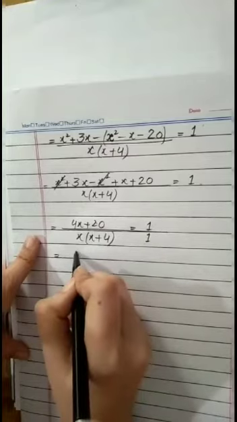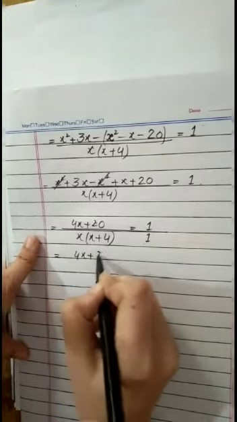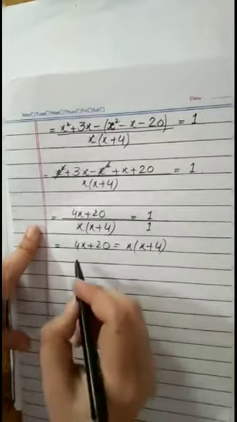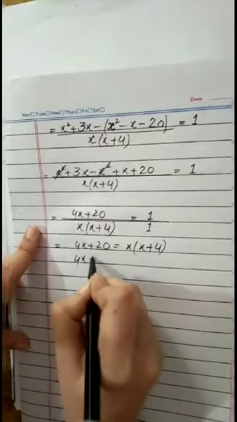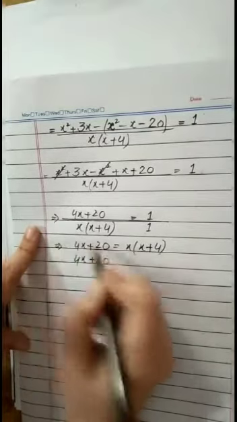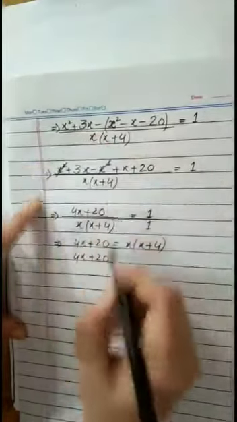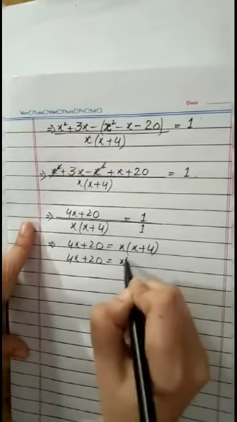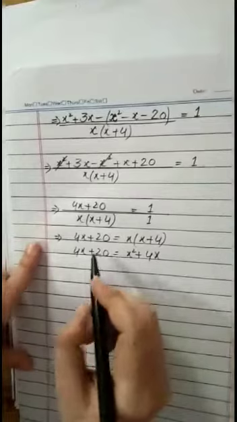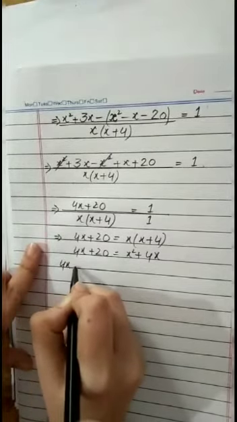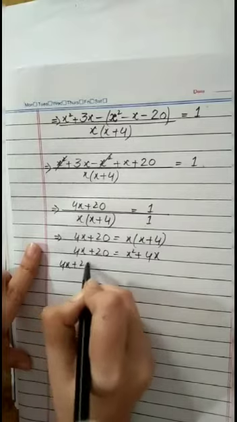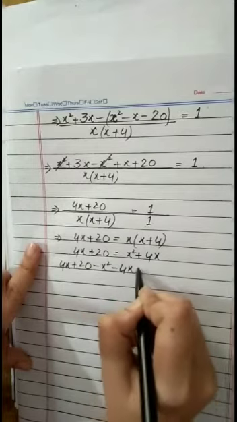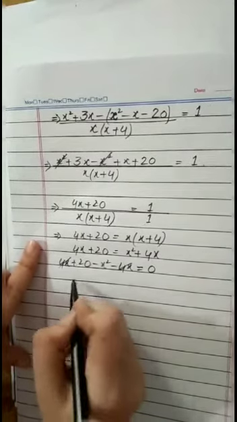We have multiplied, that is 4x plus 20 is equal to x into x plus 4. 4x plus 20 is equal to open bracket x square plus 4x. 4x plus 20 taken here on the other side, sign is changed, minus 4x equal to 0, both are cut.